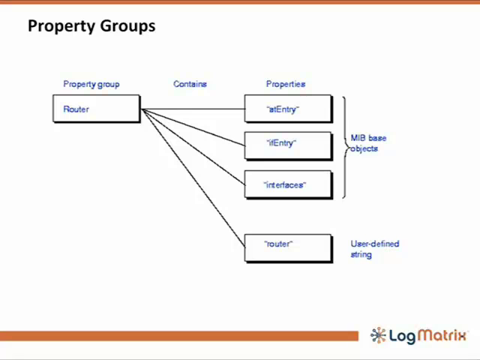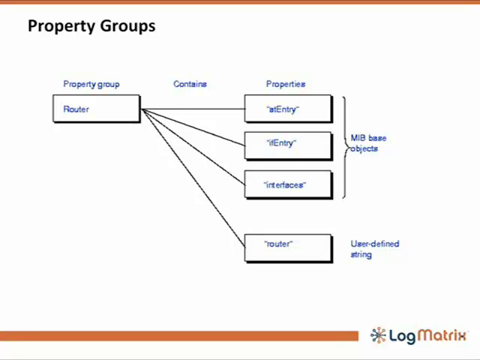Or a user-defined string, something like router, switch, Cisco devices, building 6, things that you want to be able to isolate and contain against the set of nodes that point to that property group. A node must have a property group, one and only one. One node, one property group, many, many possible properties. So it's a one node to one group to many properties relationship.